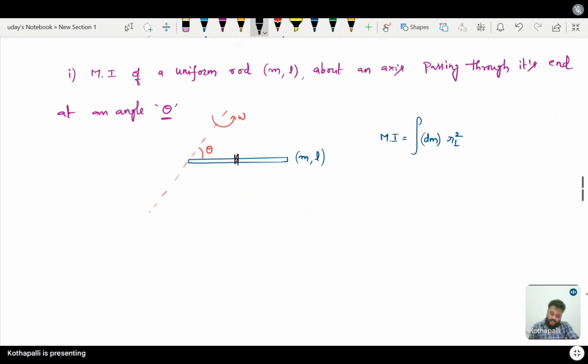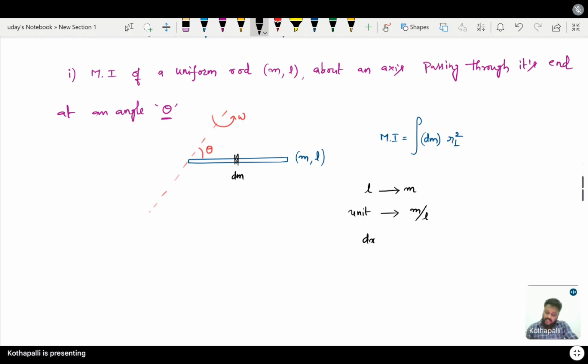Okay. So here somewhere there is dm, a small amount of mass. And I can express the value of this dm as follows. In L length, there is m amount of mass. So in unit length, there will be m by L amount of mass.